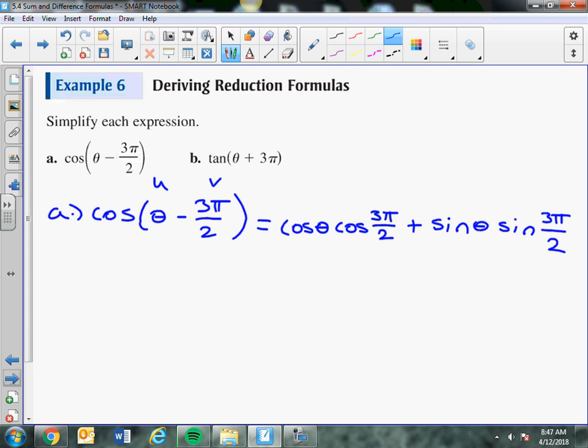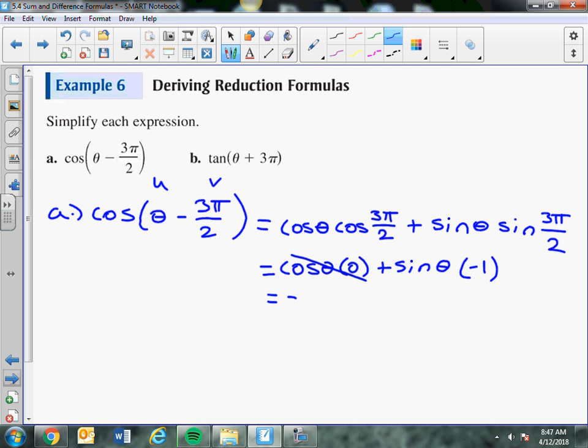Okay, so 3 pi over 2, if we go to that on our unit circle, for the cosine we would check our x again. So this one here is going to end up being 0, and that again would cancel off our left side. Sine theta is not going to change, but then we do have to check our sine of 3 pi over 2, which would be negative 1. Okay, so again, our cosine on the left would cancel.